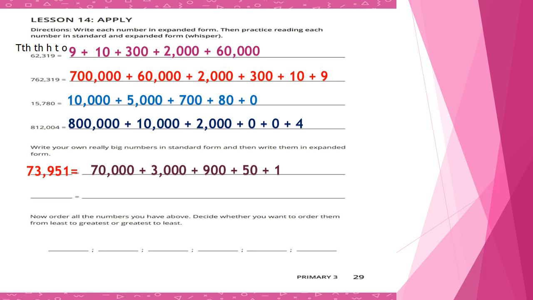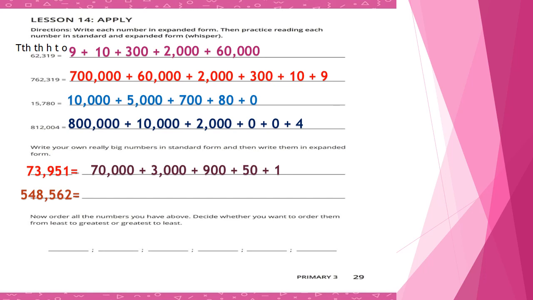9 in hundred, it will be 900. We will add 2 zeros. 3 in thousand will be 3,000. 7 in 10,000, it will be 70,000. Next number, let's read together, and you can write the expanded form by yourself.